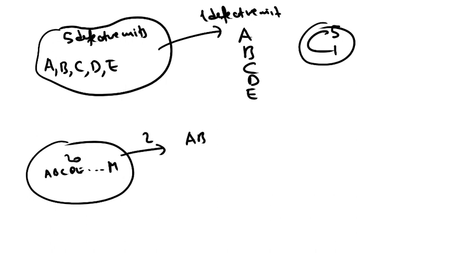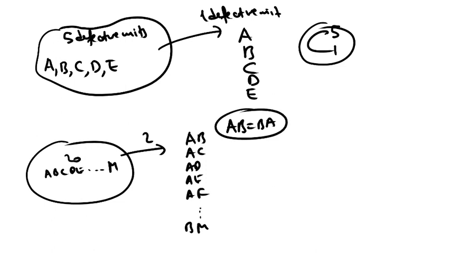It can be AB, AC, AD, AE, AF, and similarly BM, for example. But you have to know that AB and BA are equal. The order doesn't matter, because if I select brake pad 1 and 2, or brake pad 2 and 1, they are the same thing. This is what combination does; it calculates this formula for you.